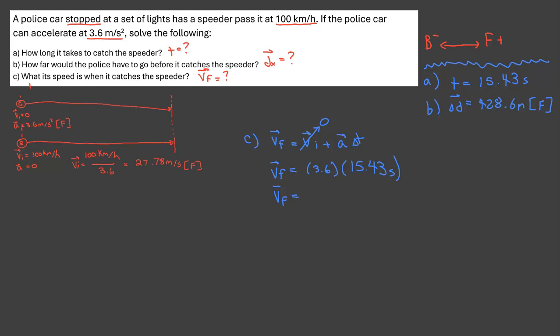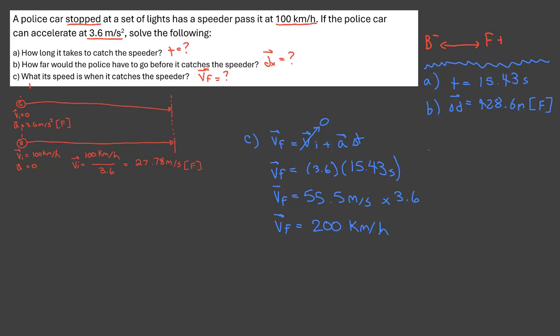And when I put that in my calculator, I'm going to get a final velocity of 55.5 meters per second. And if I wanted to convert this back into kilometers per hour, I can multiply this by 3.6, and that'll give me a final velocity of, rounded up, basically 200 kilometers per hour.